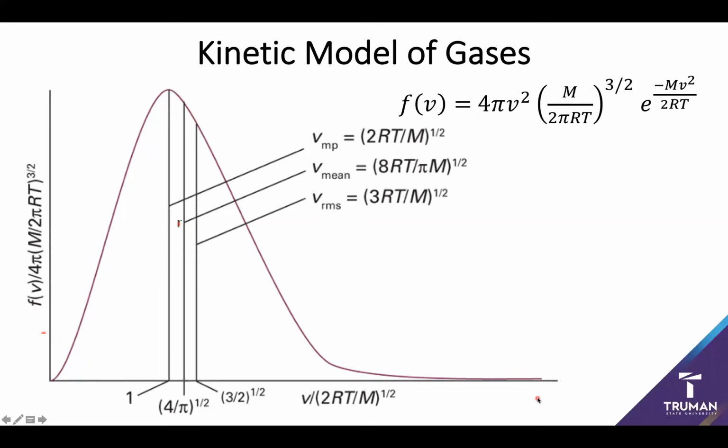And it's this trail that really makes a difference, because when I start with my most probable, that's fairly easy. It's at the maximum value. So this is, again, our square root of 2RT over the molecular weight. So again, what we're seeing is that the temperature and the molecular weight highly control what this most common velocity is.